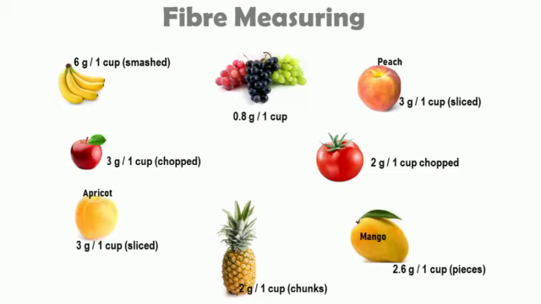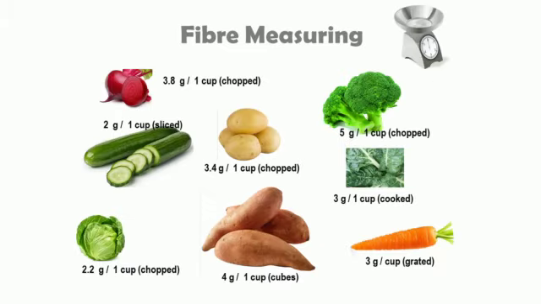Now looking at our fruits, 1 cup of smashed bananas has 6 grams, a cup of chopped apples or sliced apricots or sliced peaches has 3 grams of fiber. 1 cup of mangoes or chunks of pineapples or chopped tomatoes contains 2 grams of fiber. Grapes have little fiber in them.